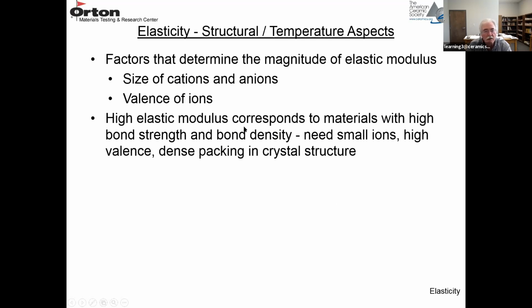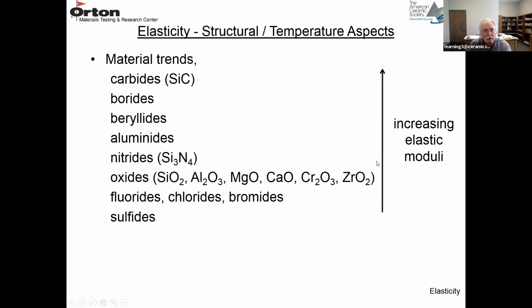How do you get high bond strength and high bond density? You have small ions, high charge, high valence, and they're in a crystal structure of dense packing. So we'll look at some examples of how the size and charge of the different ions in ceramic or refractory material affect the elastic modulus.